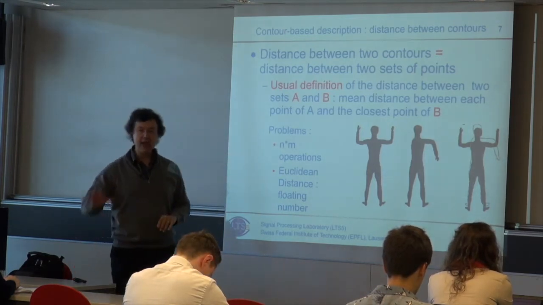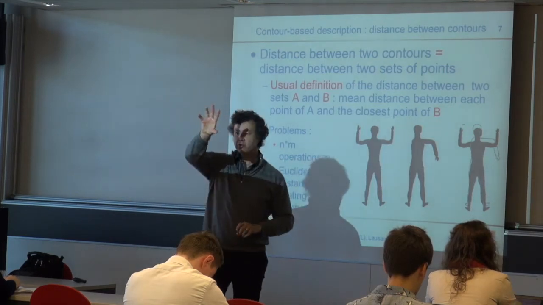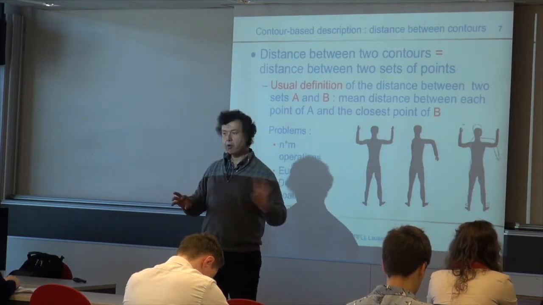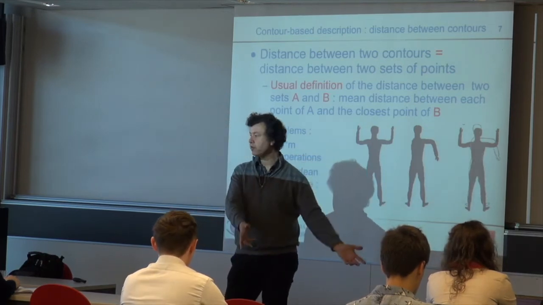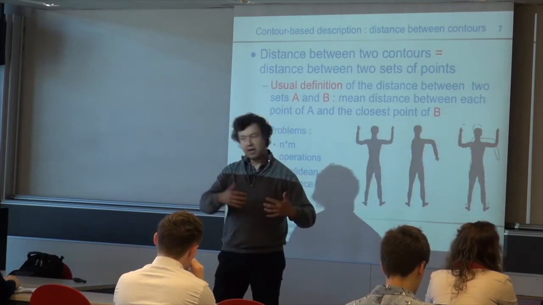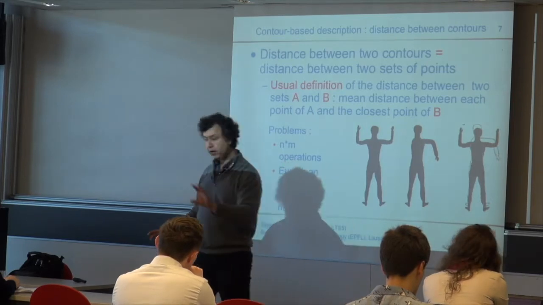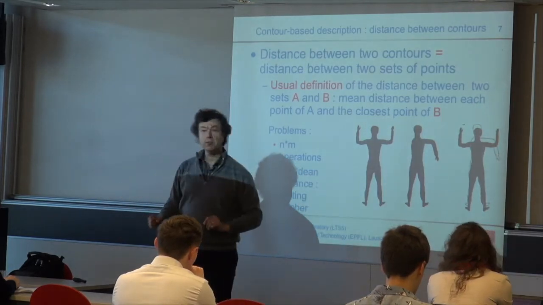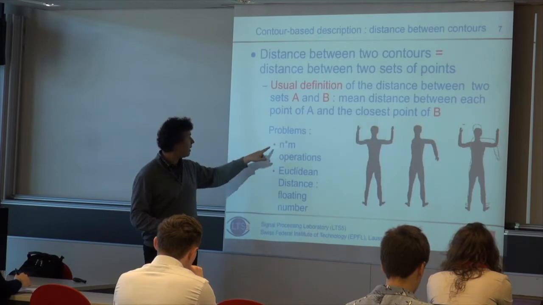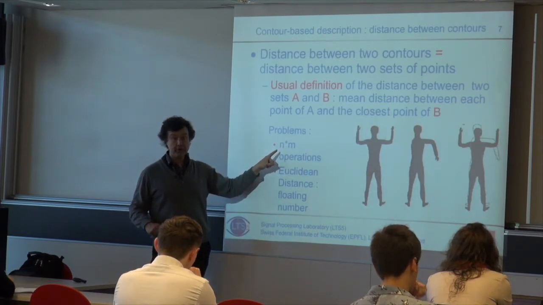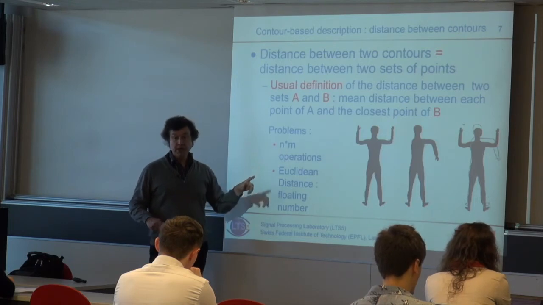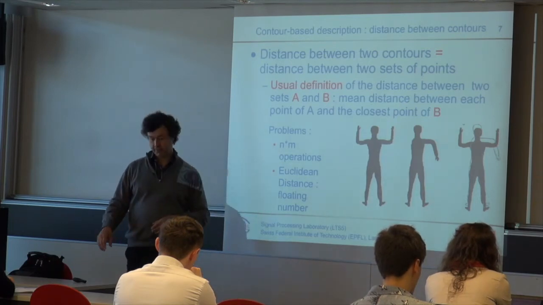Imagine this scenario. I have an object, and I want to compare it to a large number of typical shapes. For instance, I want to compare it to all the prototypes of a class. Or I have a lot of classes, and I want to compare it with many objects. Each time, I would have to recalculate a large number of operations. So I want to simplify that.